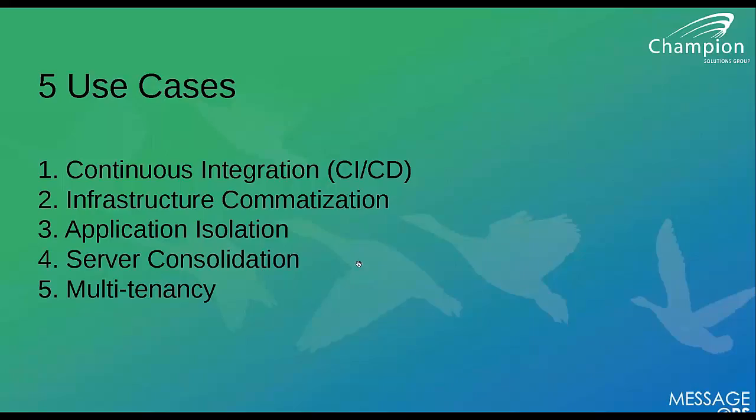Server consolidation. We didn't talk much about this during the virtualization piece, but I have a rule of thumb when I'm talking about physical to virtual to containers. And that's a 1-10-100 rule. So if you have one piece of hardware, the rule of thumb is you should be able to run about 10 virtual machines on that one server.